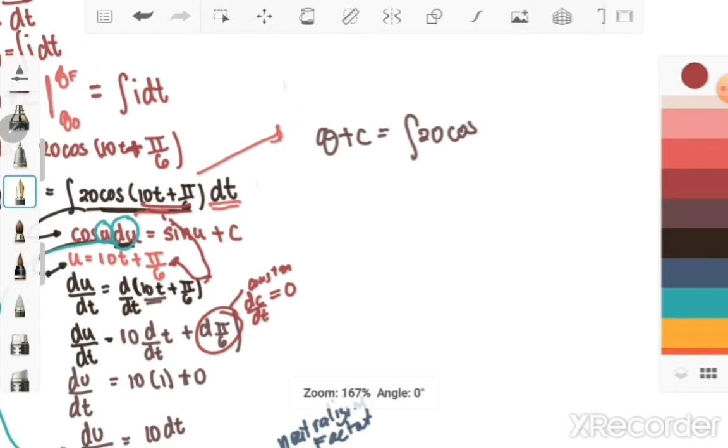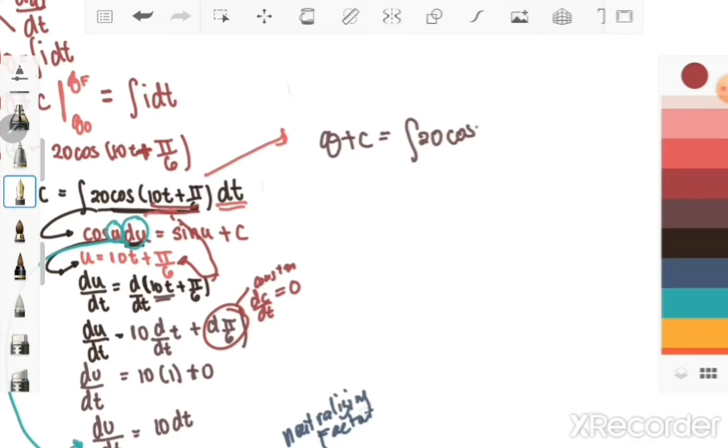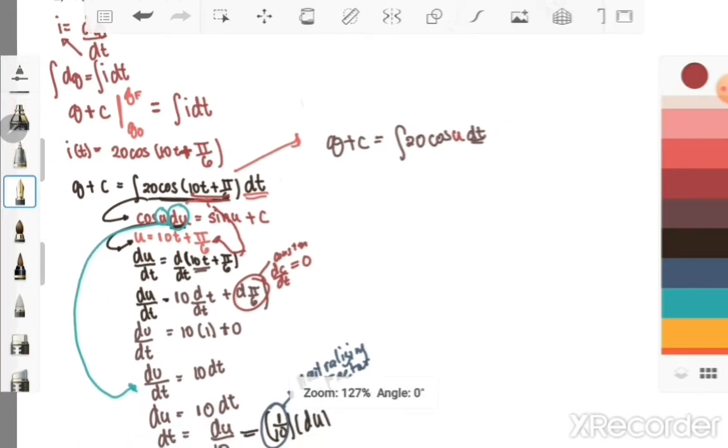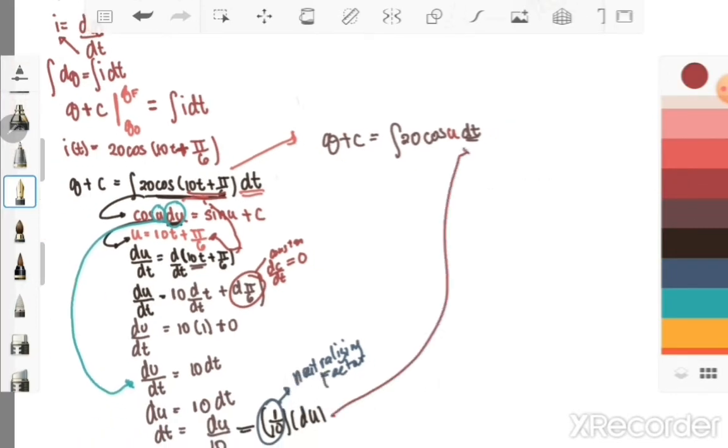Your u is 10t plus pi over 6. So I may say that it is equal to cosine u multiplied by your dt. But what is dt? Your dt is simply equal to this one, right?